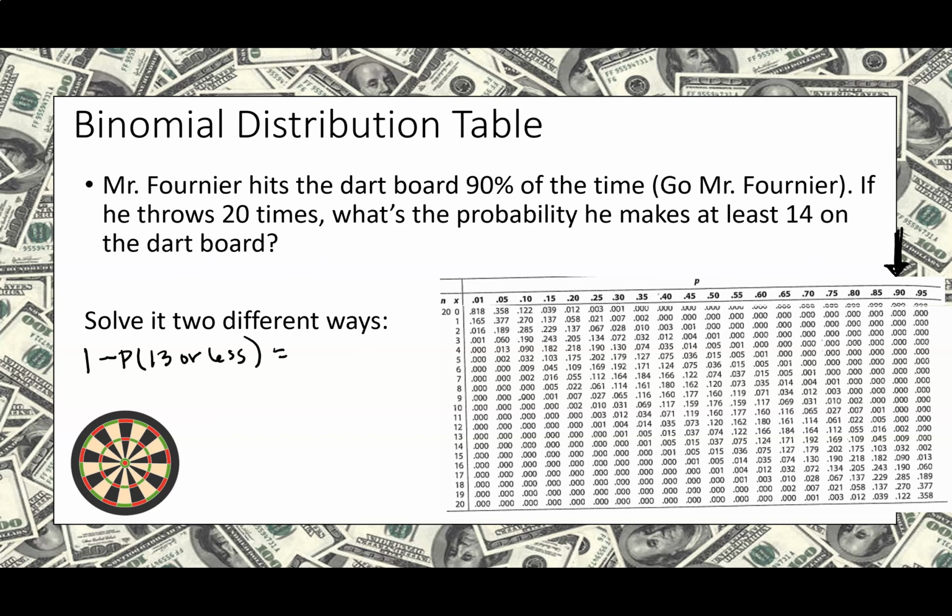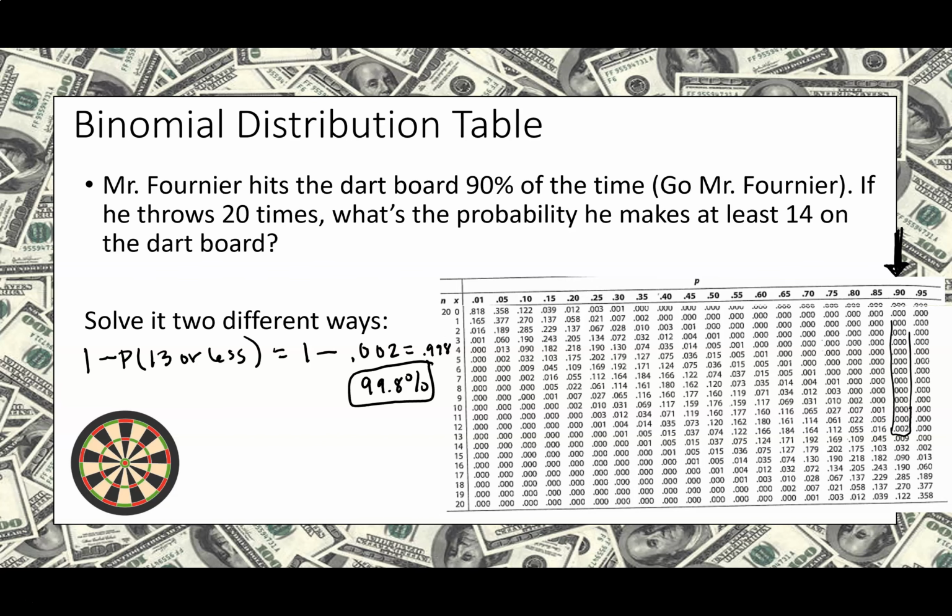And so this is going to be equal to 1 minus 13 or less. Let's see if I can find it on here. 13 or less, I think it's just that. Right, the 0.02, and then all the way up is 0. So that becomes 0.002. And that becomes 99.8% because I got 0.998.